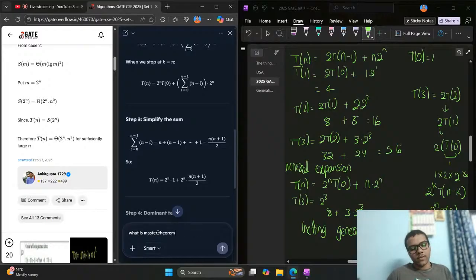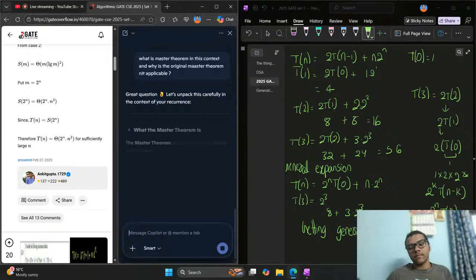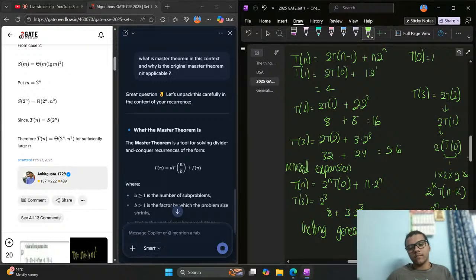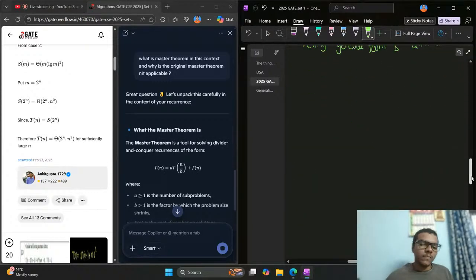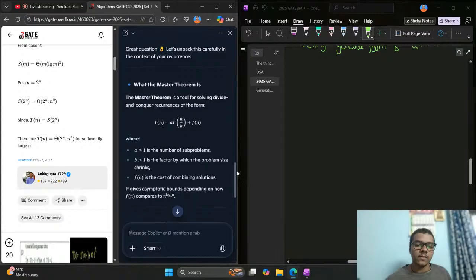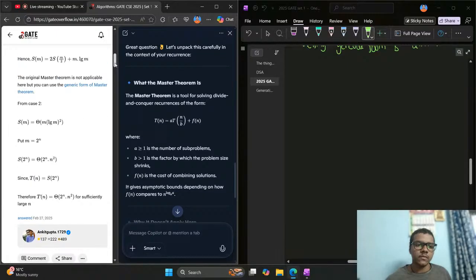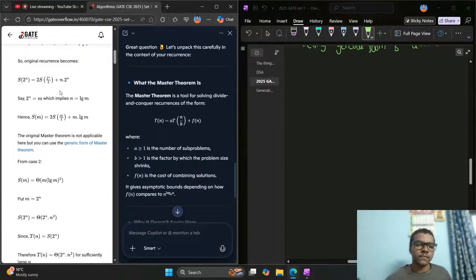What is the master theorem? And where is the original master theorem not applicable? Divide and conquer recurrences of the form aT(n/b) plus f(n).